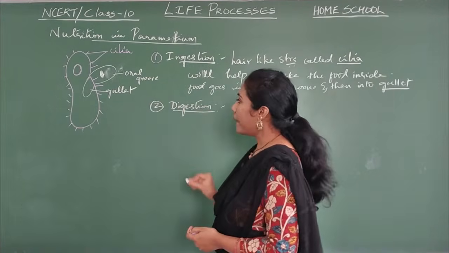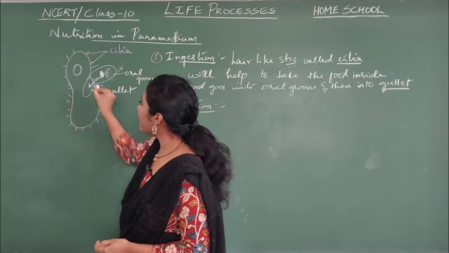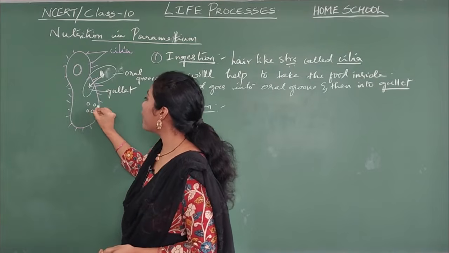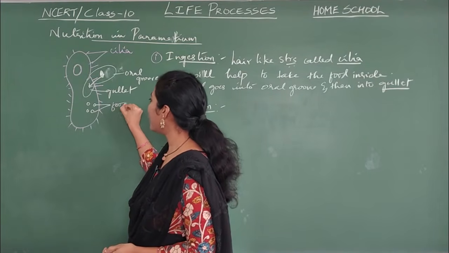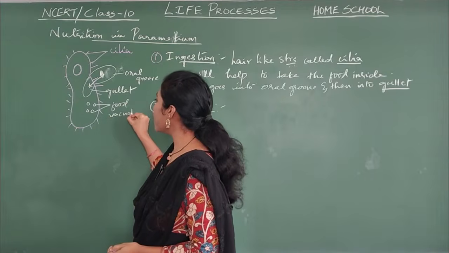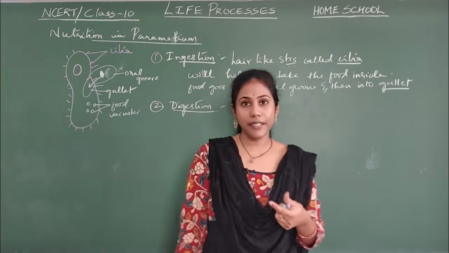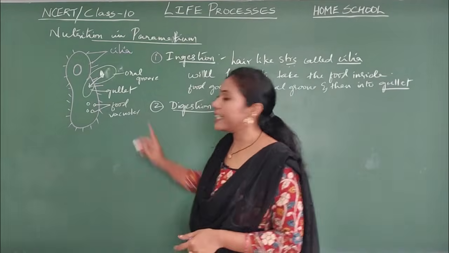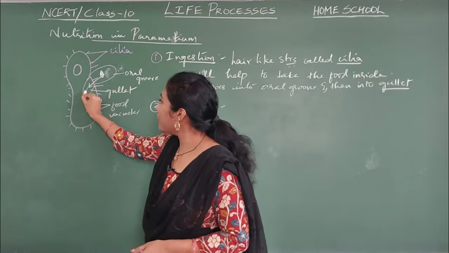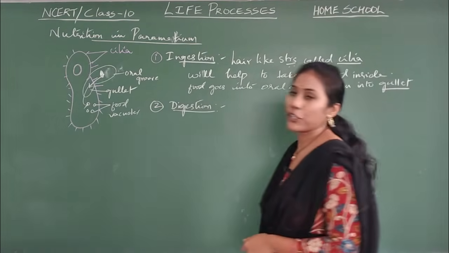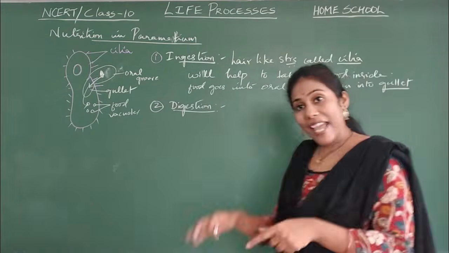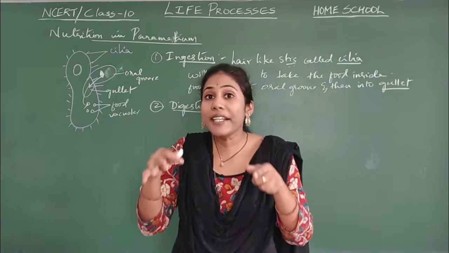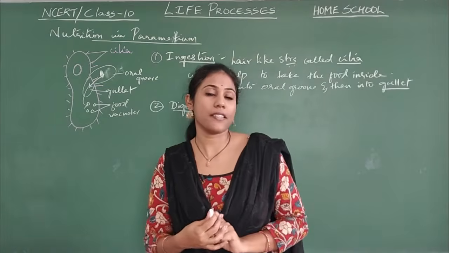So what happens? Whatever food has moved into the gullet, later that food will be moved to the food vacuoles. These are called food vacuoles. Do you remember in case of amoeba how vacuoles were created? That way here also food vacuoles will get created, and later this food is moved to the food vacuoles. And there, with the help of enzymes, the food particles are broken down into smaller and smaller pieces.